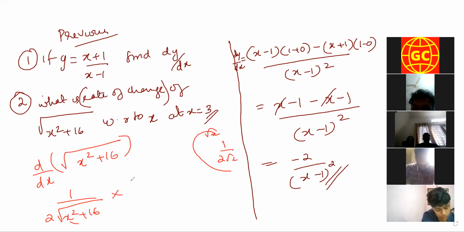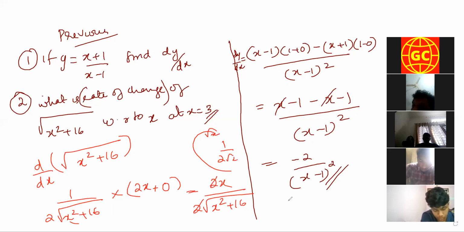The derivative of x square is 2x, plus the derivative of 16 is 0. So it is 2x divided by 2 into root of x square plus 16. So 2 and 2 get cancelled. So x by root of x square plus 16.